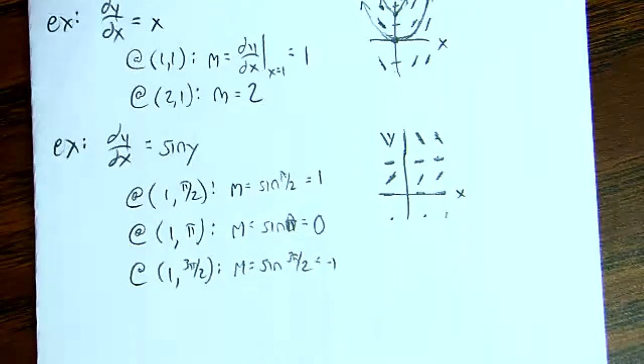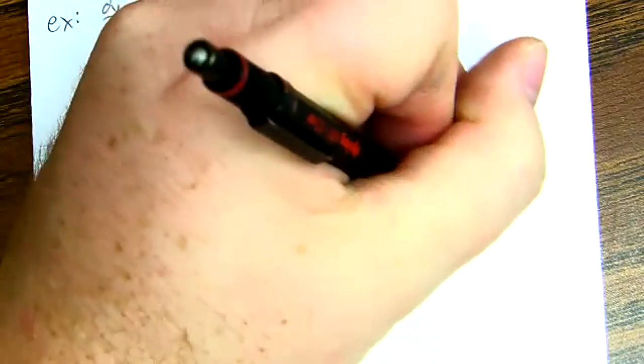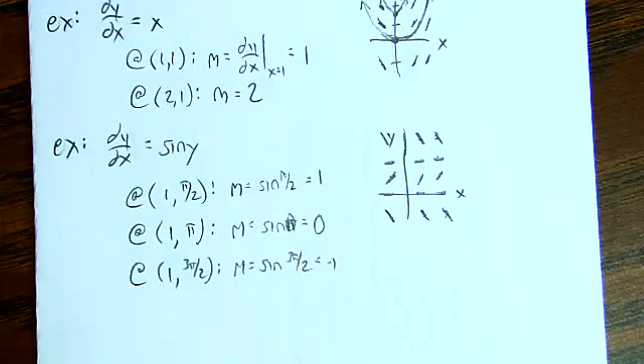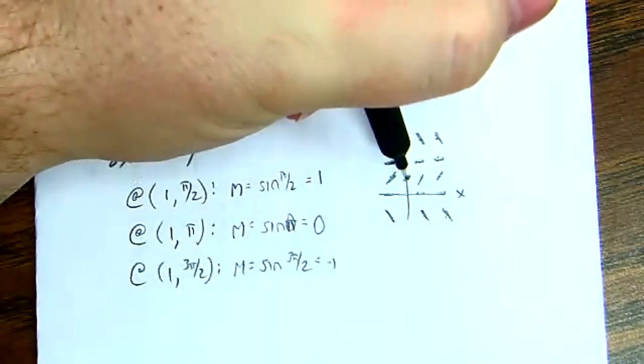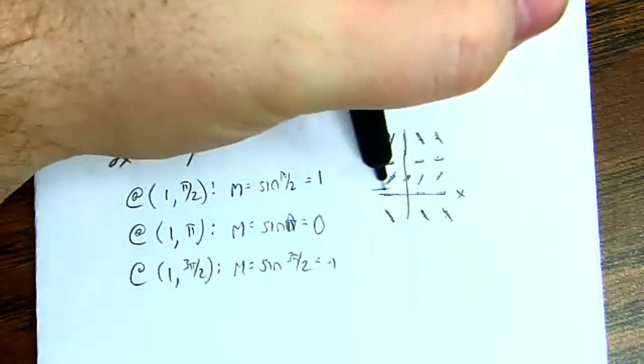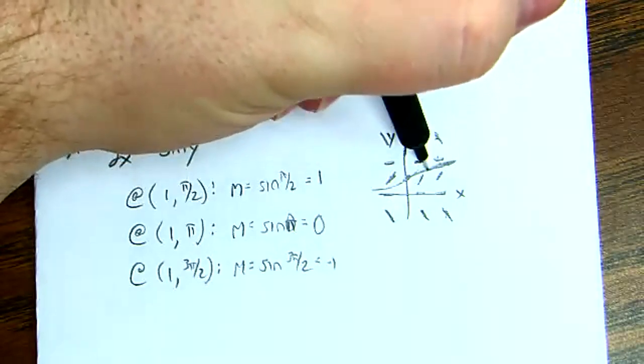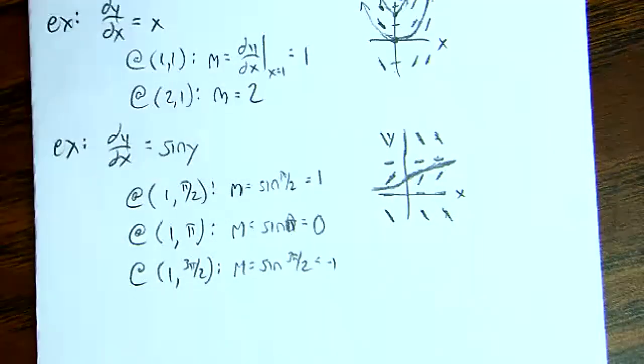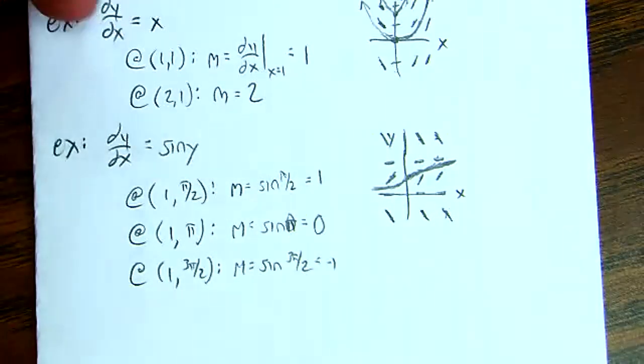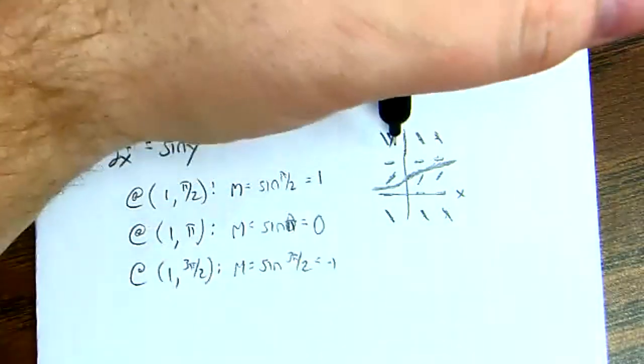Filling this out with a couple more points, the sine of negative pi over 2 is -1. And so we get a much different direction field or slope field than we had before. But we can say, well, if you start in the middle here, your solution curve is going to kind of look like that, kind of look like a logistic equation.